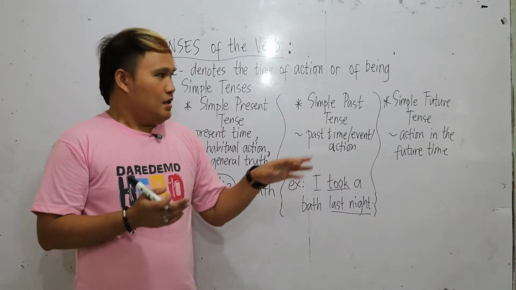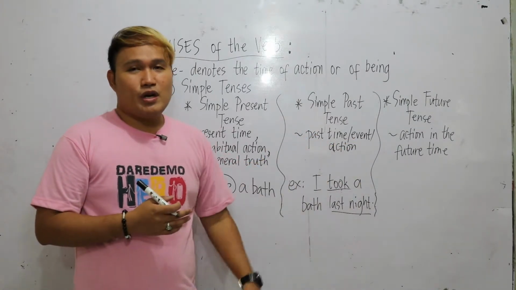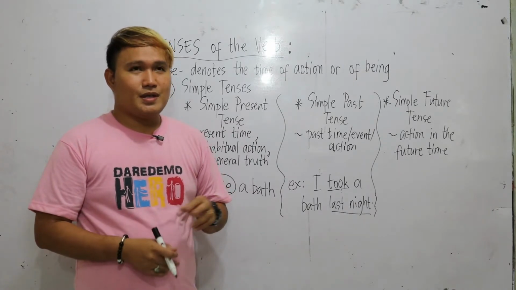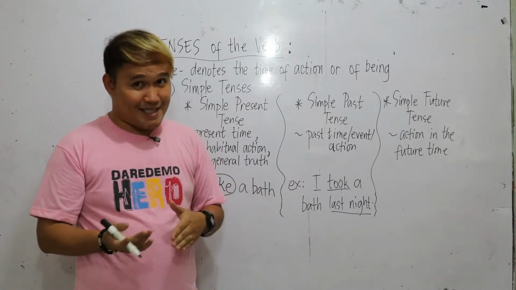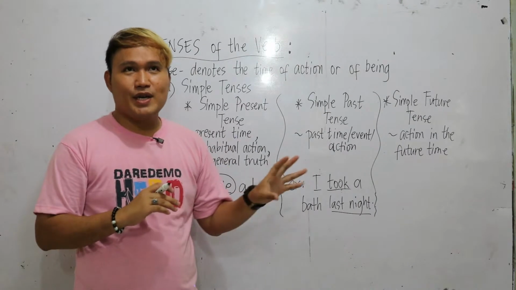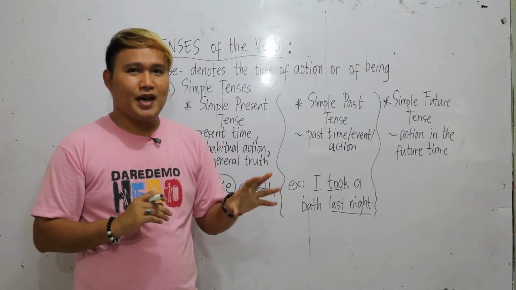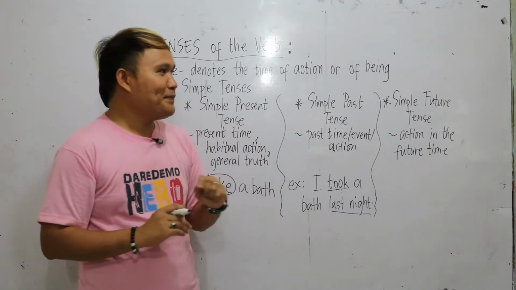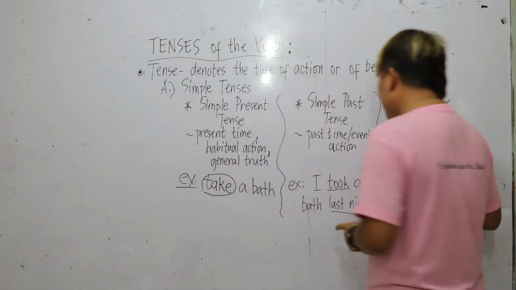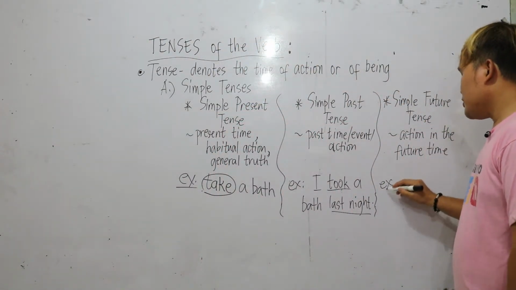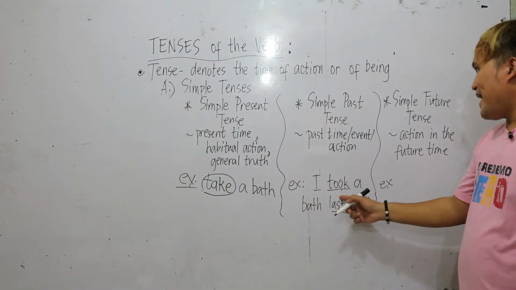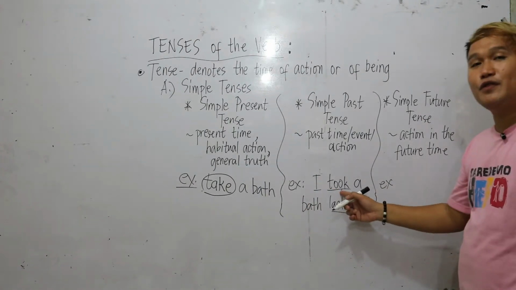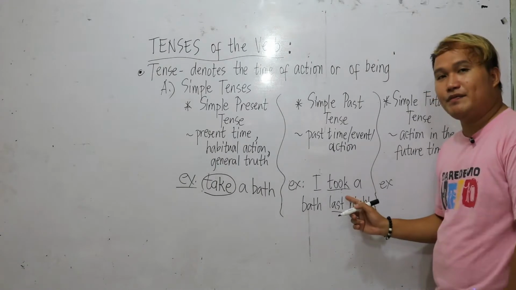For simple future, we also use time expressions like tomorrow or next something. For example, next week, next Monday, next Saturday, next year, next summer. So let's transform from past tense to future. What's the future tense of took? Everyone who can give me?